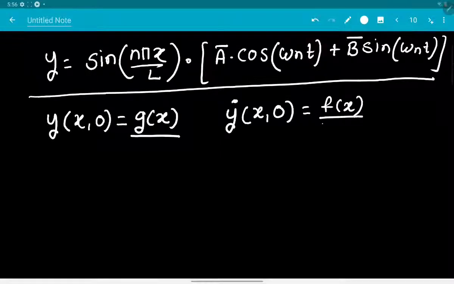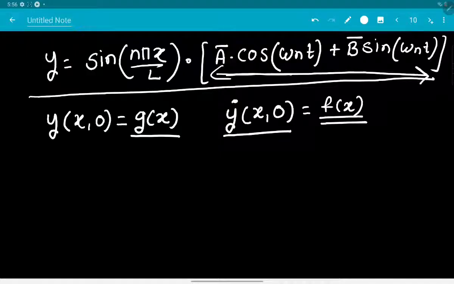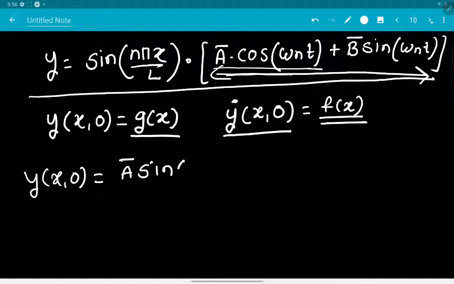So f of x is telling you the velocity distribution along the x-axis. So you will be evaluating this part at time t equal to 0, then you will get y of x at 0, which will be equal to, if you evaluate this, only this a bar term will remain, since cosine omega nt will be equal to 1, and you are going to get a bar sine of n pi x by L, right? However, there is one thing that I have missed.